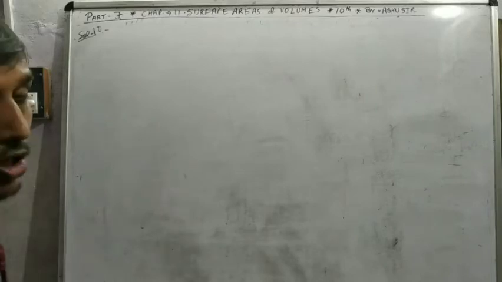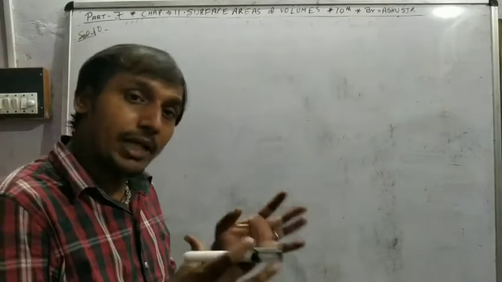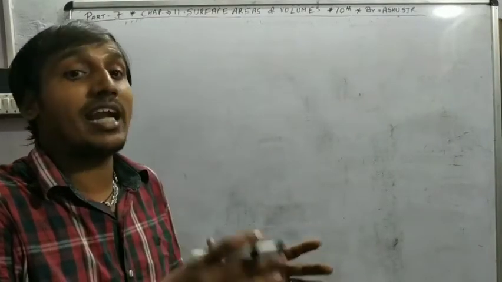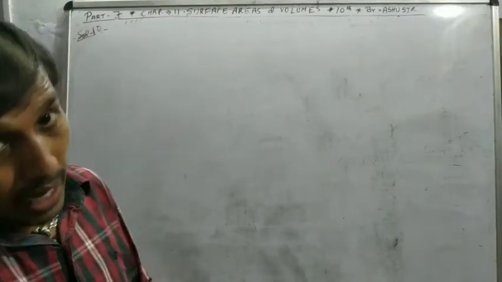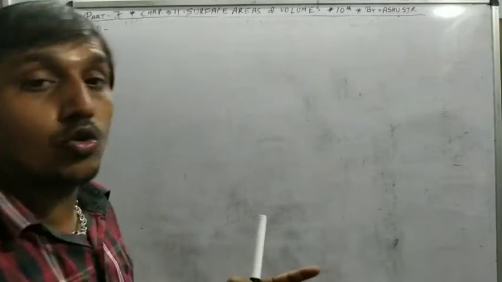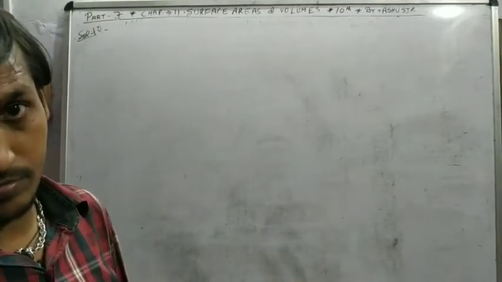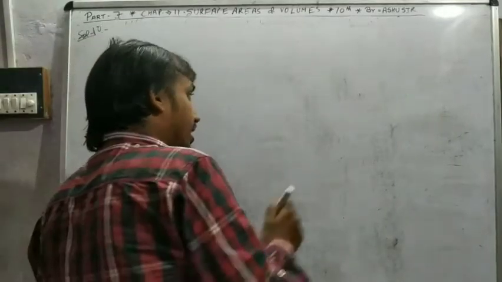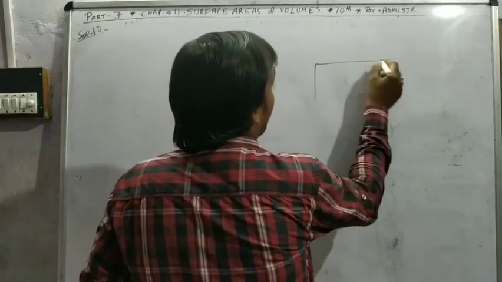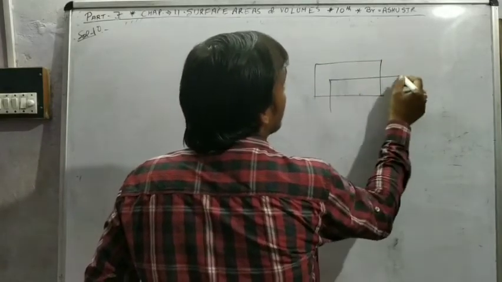Then what is the ratio of the volume of the cube to the volume of the parallelopiped? Rectangular parallelopiped means pipe but in the form of a rectangle.